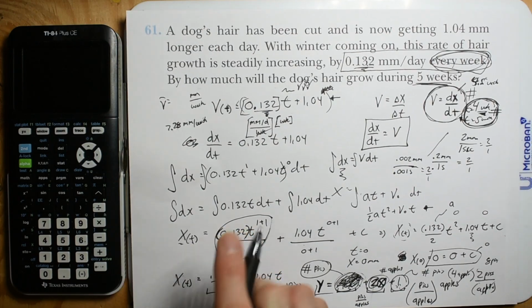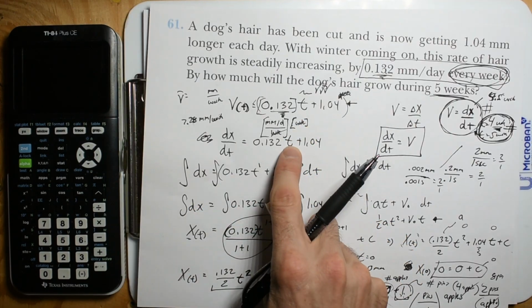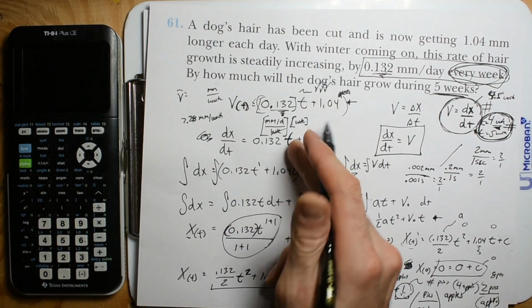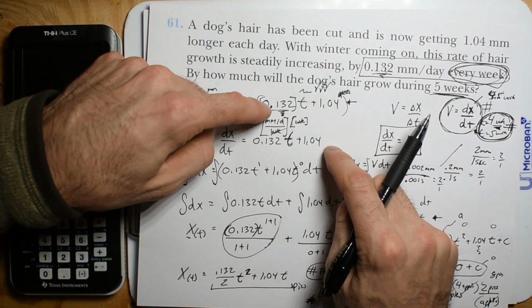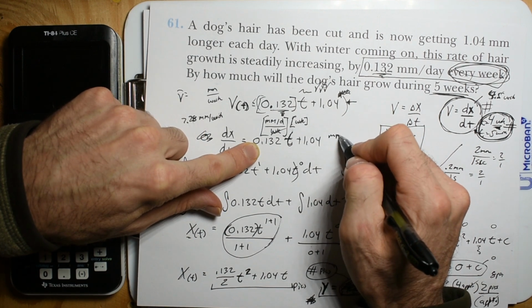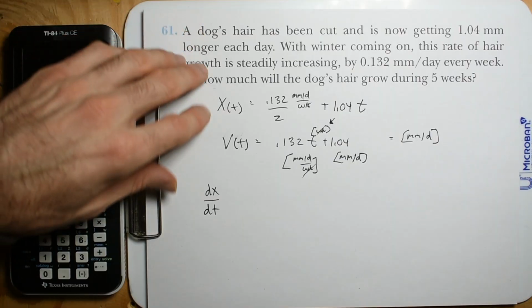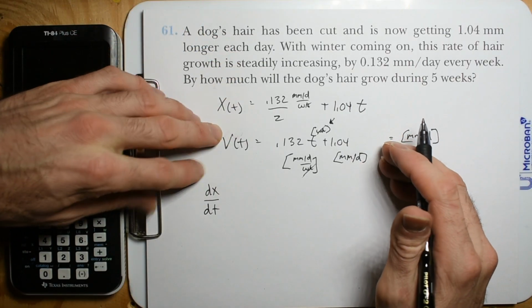Holy Toledo. No, because the velocity equation, when you multiply it by time, for sure, time has to be weeks. And then you're going to get millimeters per day. But now, because time is in weeks, that messes us up right here.